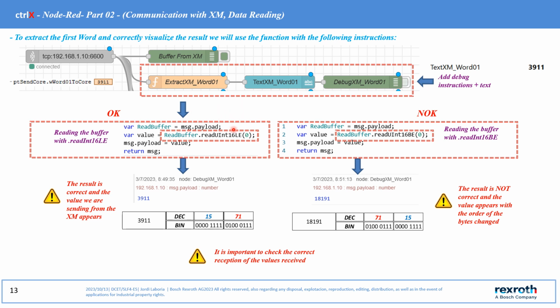On the left, using the readUInt16LE instruction from offset 0, the values are grouped correctly and the value from the XM appears as it has been sent. Whereas on the right, using readUInt16PE with the same offset, the value does not correspond to what was sent. Therefore, we must use the option on the left.